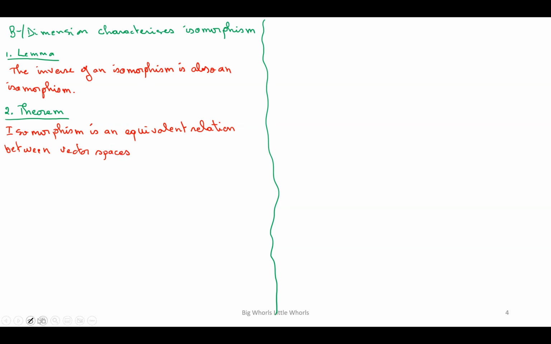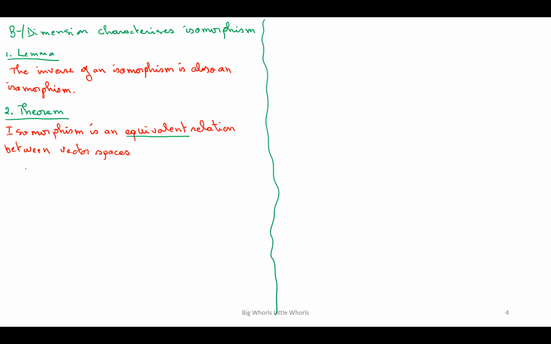So what do we mean by equivalent? So I'm going to highlight this word, maybe with green. Okay, equivalent relation. So I won't give you a formal proof, but I will give you some notes. How do we prove an equivalent relationship?